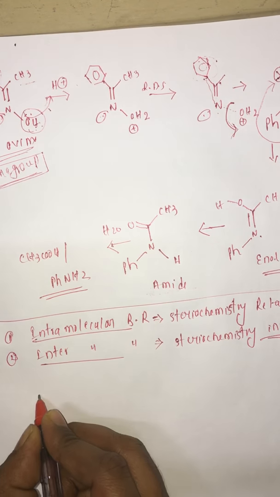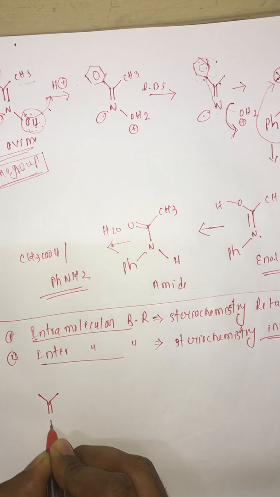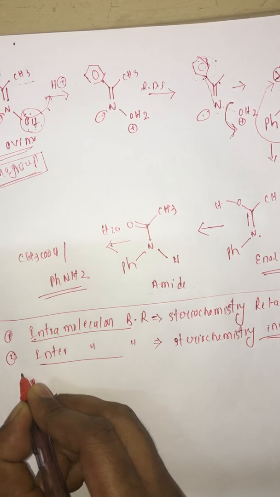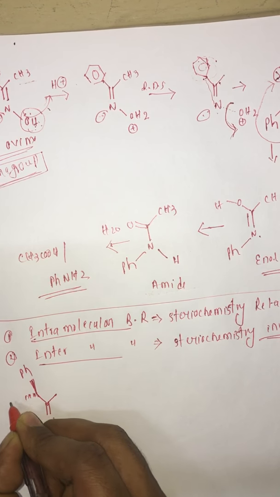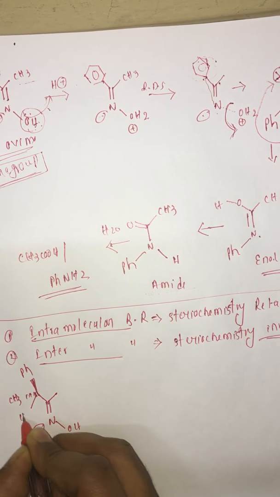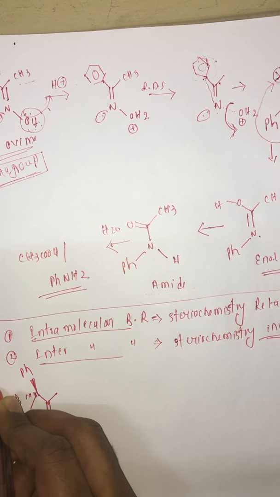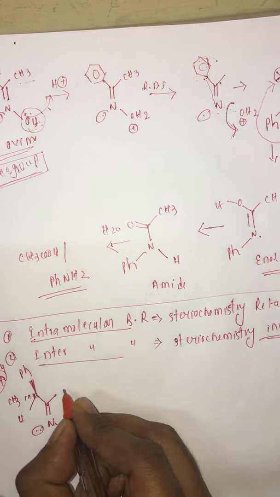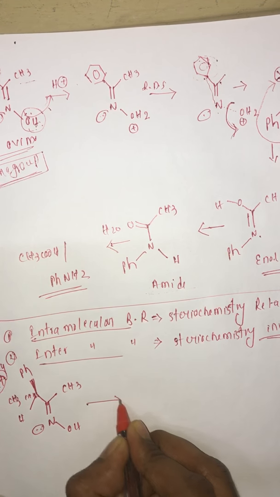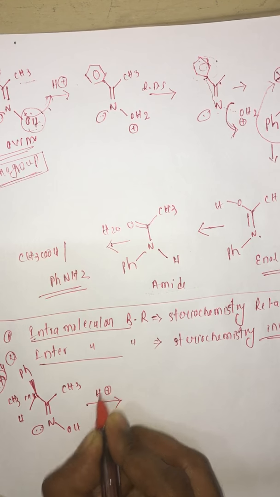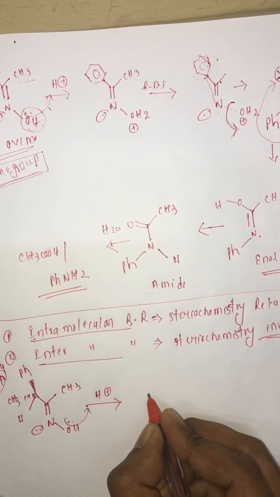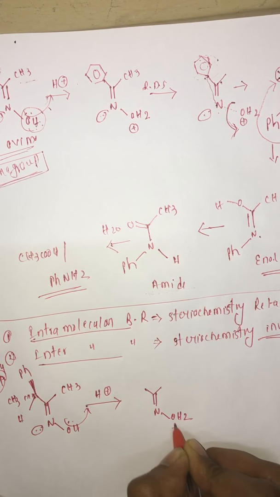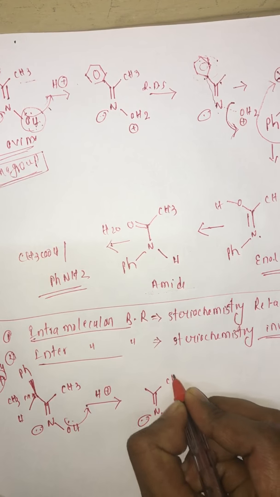So here we have N, a lone pair here, OH, and here we have a Ph, CH3 and hydrogen. I think this question was asked in the GATE exam in 2014, I think 14 or 13. So now we have a proton source here, H plus attacks this OH, and it will become OH2 plus, with a lone pair here and CH3.